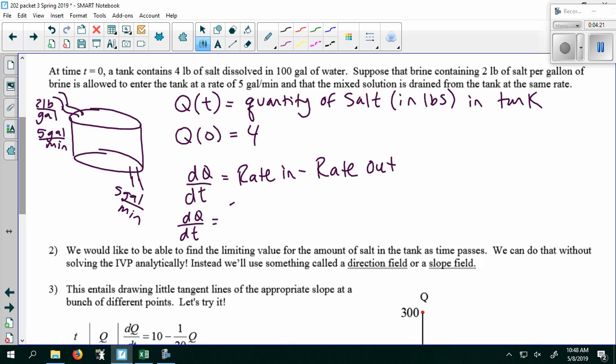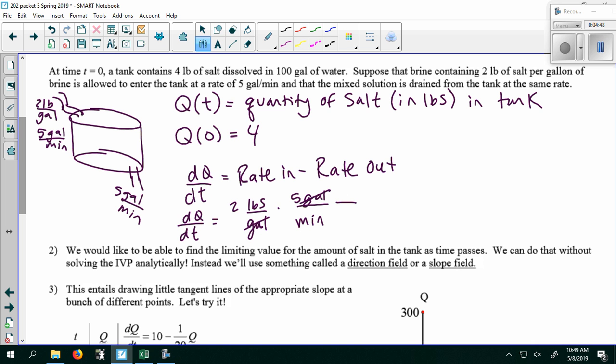So my rate in is 2 pounds per gallon times 5 gallons per minute. So then your gallons cancel and you get 10 pounds per minute coming into the tank. And then the rate out also has to have units of pounds per minute.